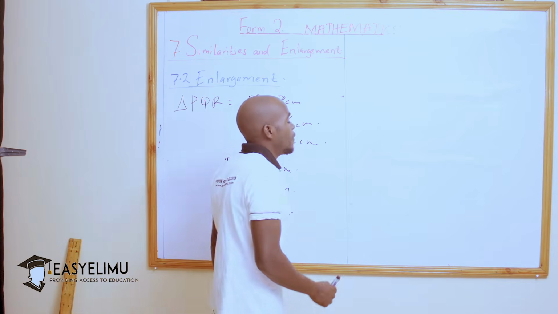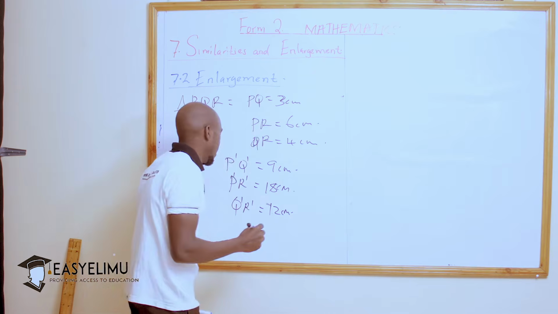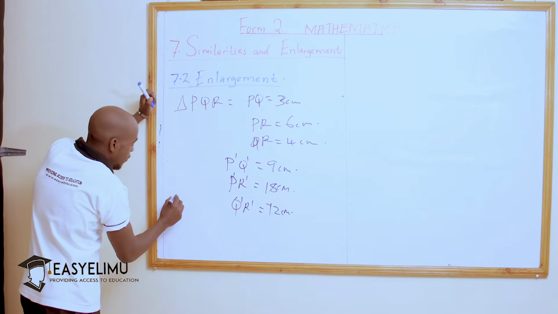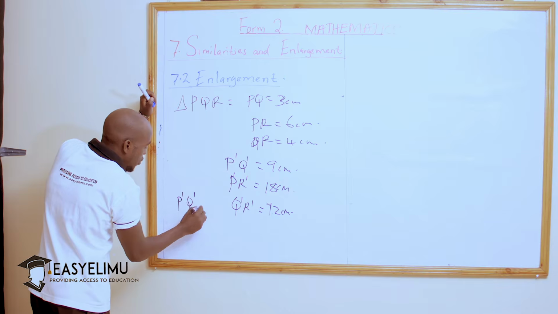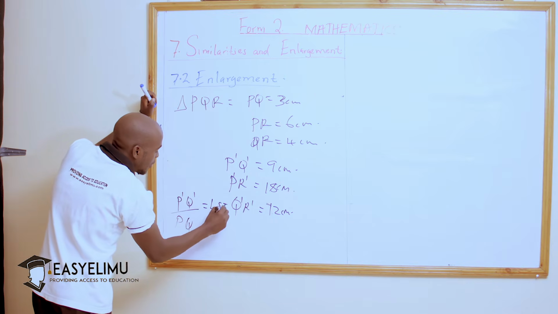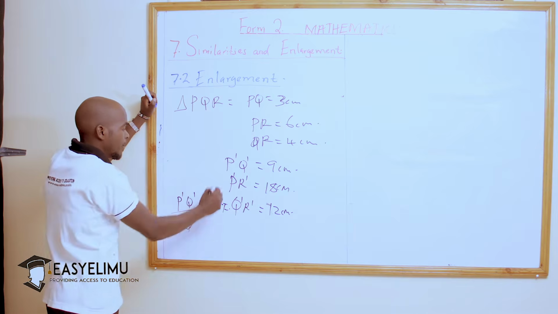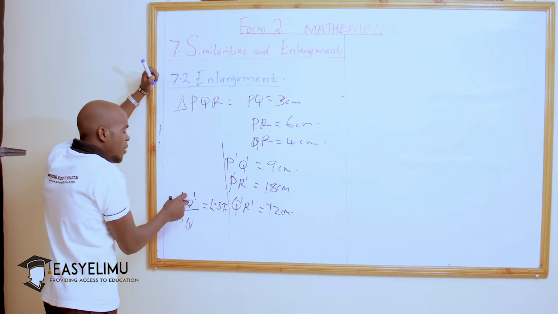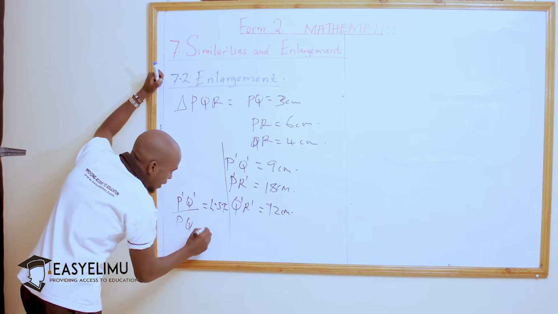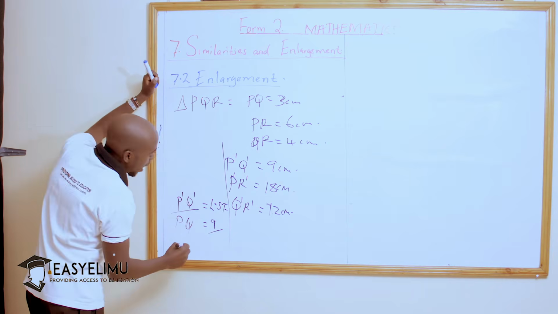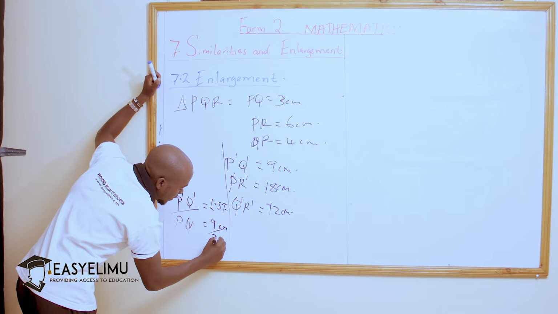The first thing, find the linear scale factor first. From this perspective, if you take P prime Q prime over PQ, you will get the linear scale factor, or in either way. So P prime Q prime here we are having as 9 centimeters, and PQ we are having as 3 centimeters.